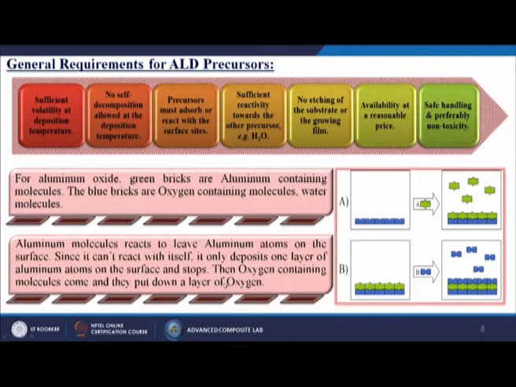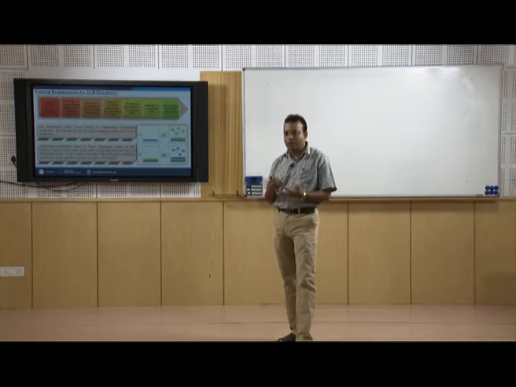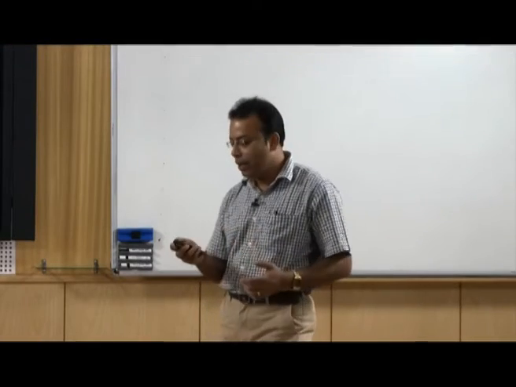So, aluminum molecules react to leave aluminum atoms on the surface. Since it cannot react with itself, it only deposits one layer of aluminum atoms on the surface and stops. Then oxygen containing molecules come and put down a layer of oxygen. So, like this, with one by one reactions, it attaches layer by layer.